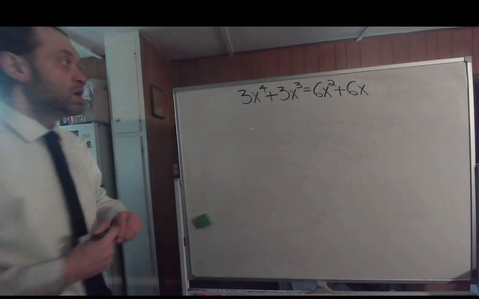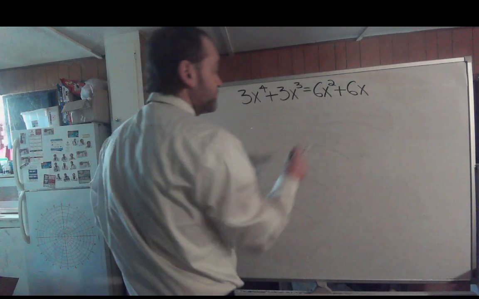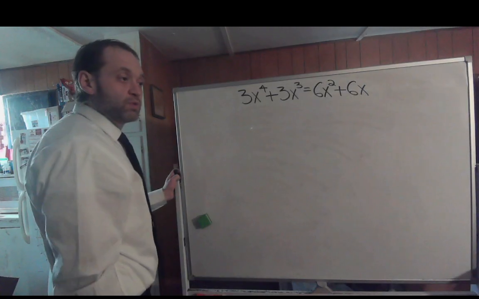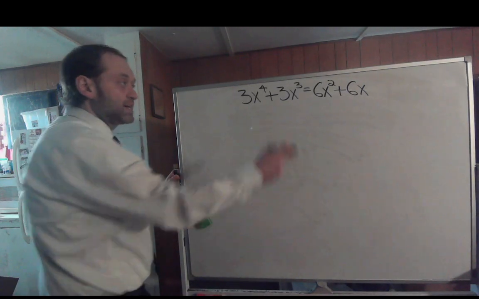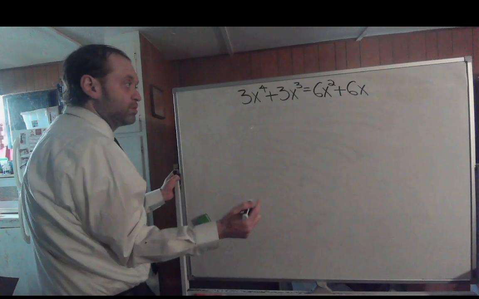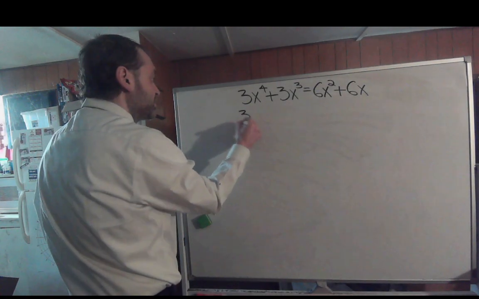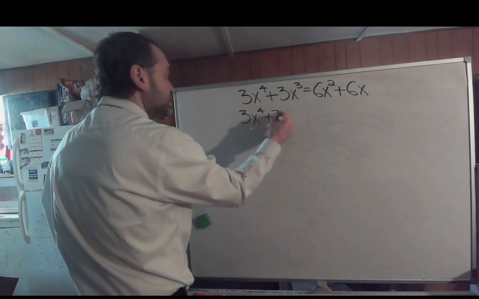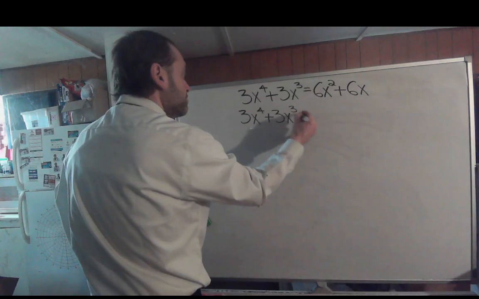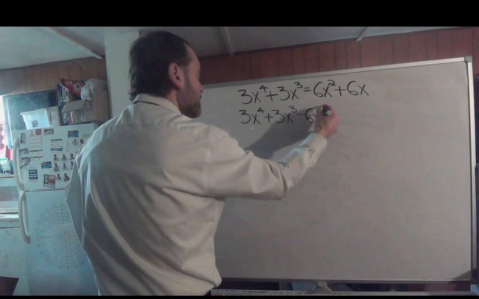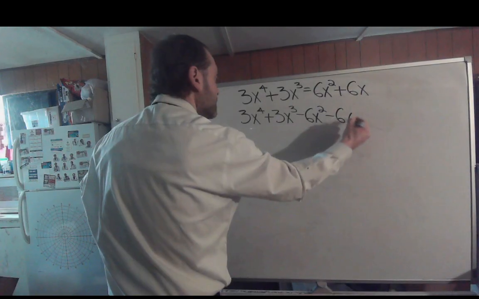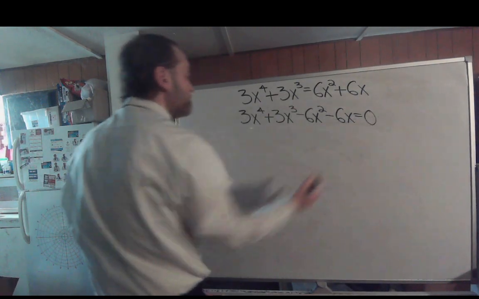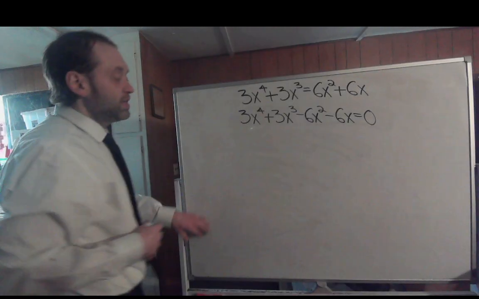Well, first we want the right-hand side to equal 0, don't we? So subtract 6x squared plus 6x from both sides. You would get 3x to the fourth plus 3x to the third minus 6x squared minus 6x, all that equal to 0. Now, look at all your terms.